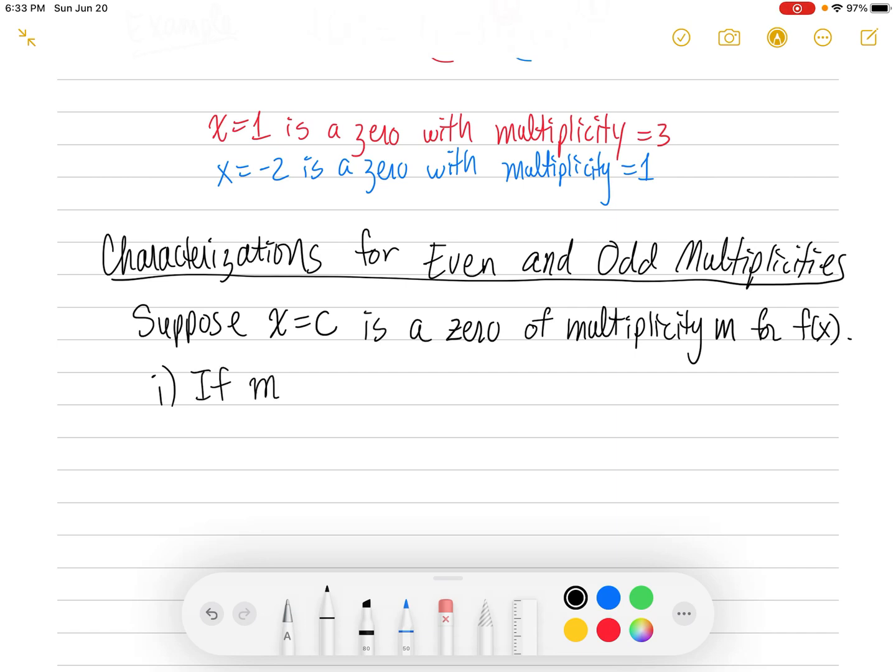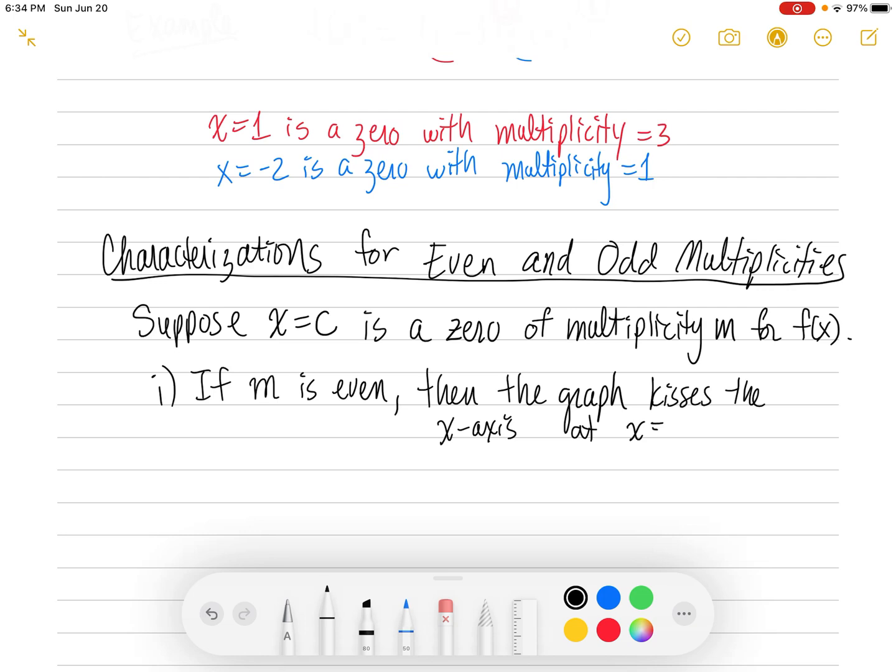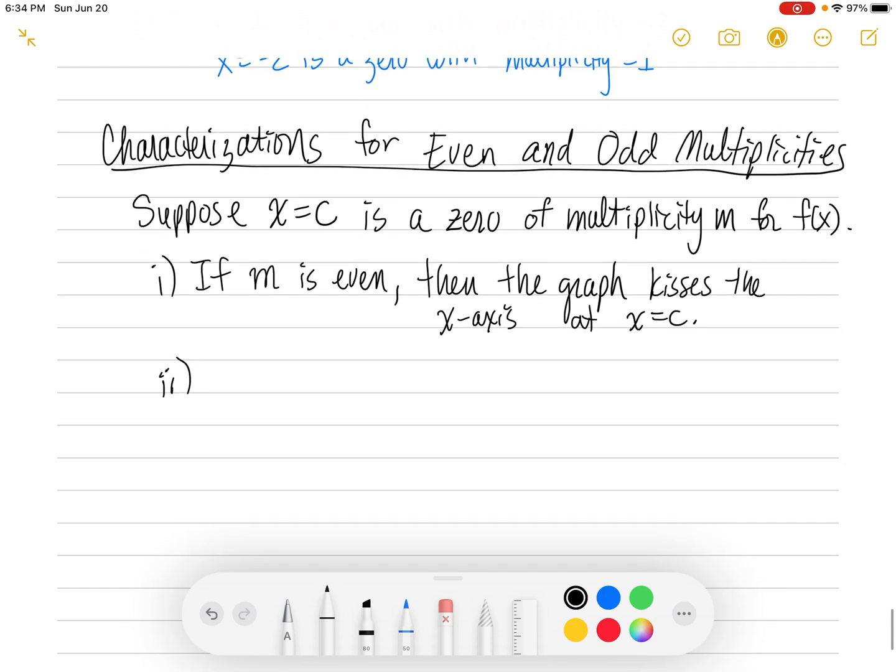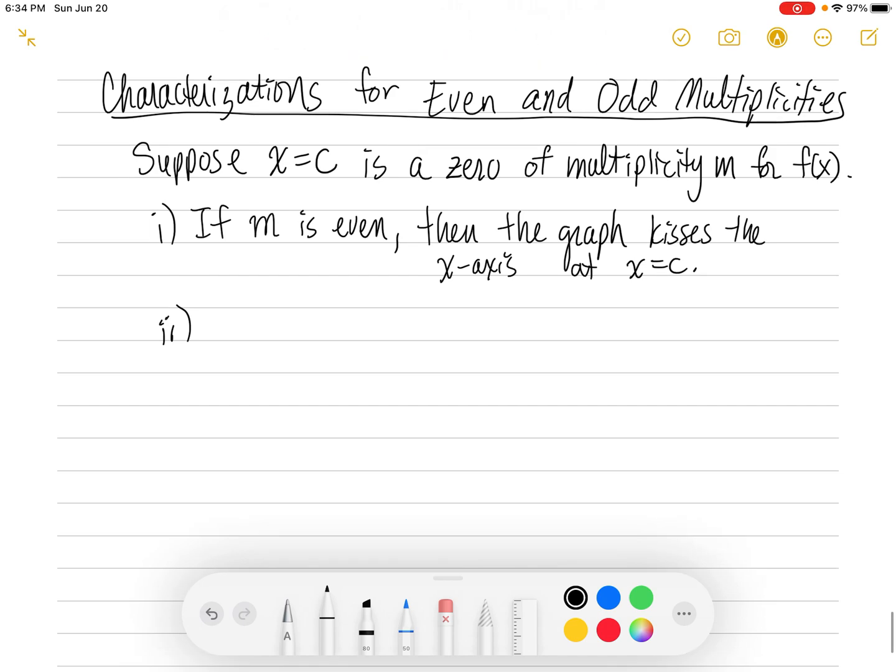If that number turns out to be even, then the graph kisses the x-axis at that x-intercept. The graph kisses the x-axis at x equals c. So if you have an even situation, you kiss the x-axis.